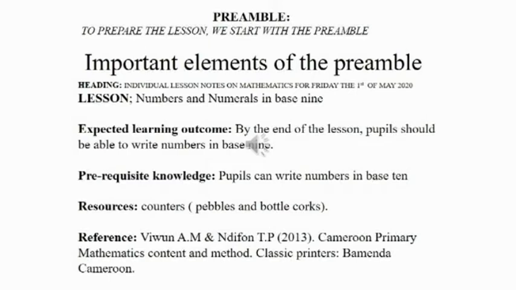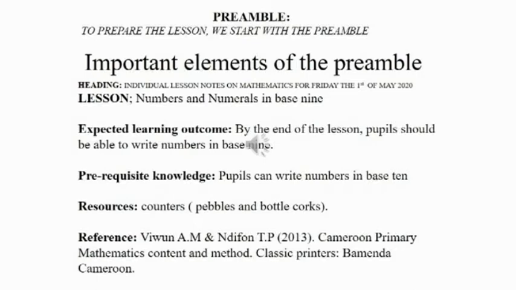Expected learning outcome. This is the next item on our preamble. With the expected learning outcome, this is what you want your pupils to be able to perform by the end of your lesson. This can therefore be stated thus: by the end of the lesson, pupils should be able to write numbers in base 9.